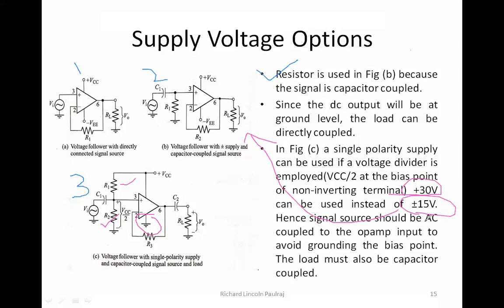In this case, we cannot use a DC supply, but we have to use an AC supply because we are not using plus and minus; we are using only plus VCC. That's the reason we have to use an AC coupled op-amp input, so that this will avoid the grounding of the bias point, so that the signal here does not get grounded. So we will use AC supply here.